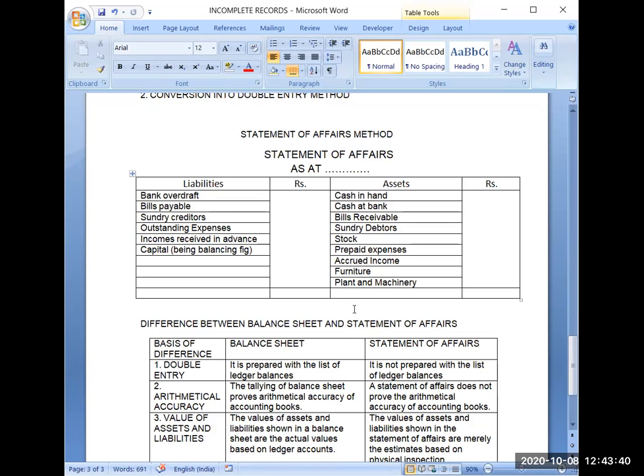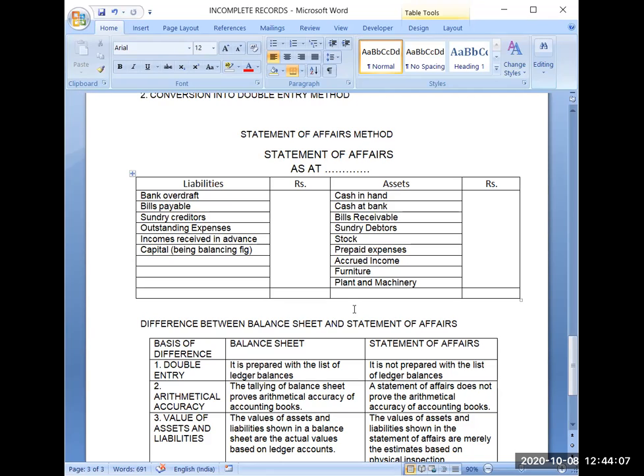And why the name has been changed, that logic I told you a few minutes back, because you are preparing this statement on the basis of your findings, on the basis of your estimates, and these balances are not generated by the ledger account balances or by the trial balance. So that's why this is only an estimate.